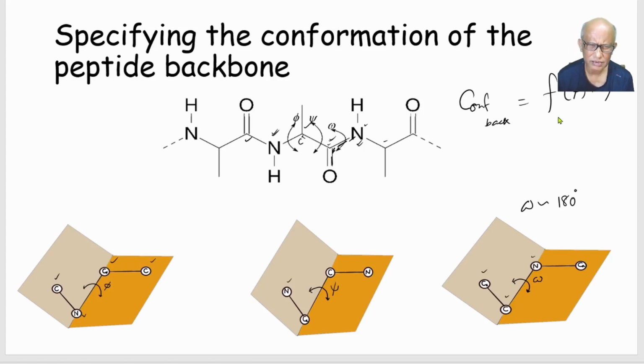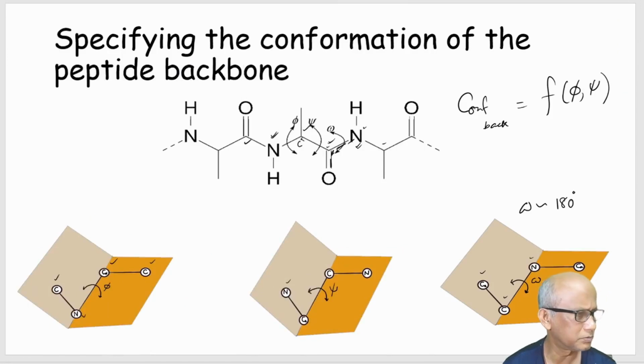But that motion is very small, so we can approximate that the backbone conformation of a peptide is just a function of the phi and the psi torsion angles. So this is about the representation and analysis of this. I should make this clear again, that the backbone conformation is a function of the phi and psi torsion angles.